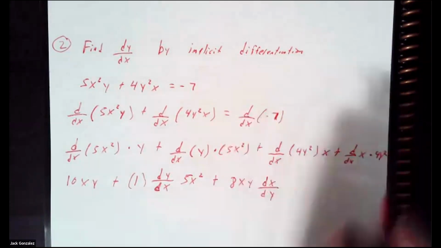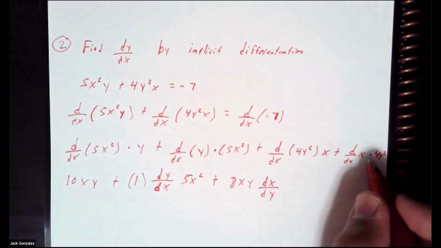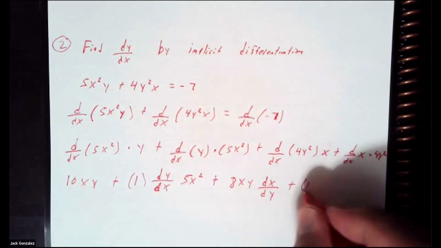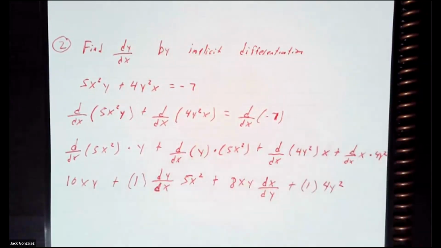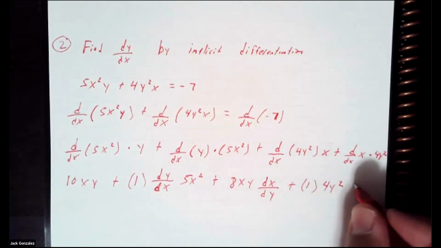Okay. Derivative of x is just going to be a 1, right? No more implicit piece here. That's it. Oh, forgot.